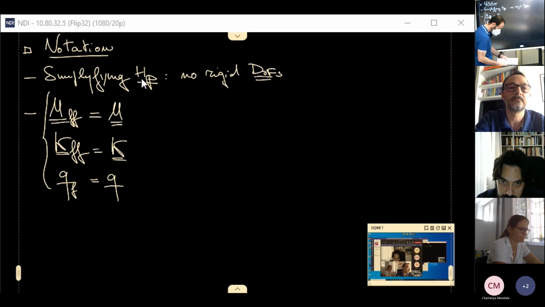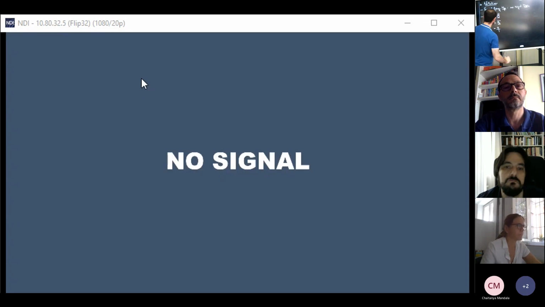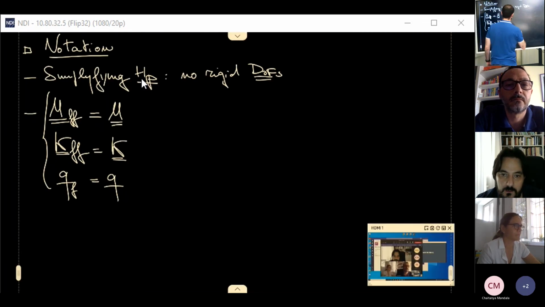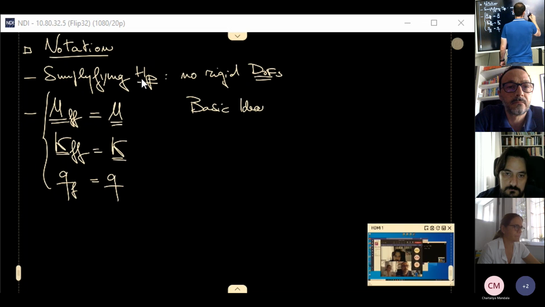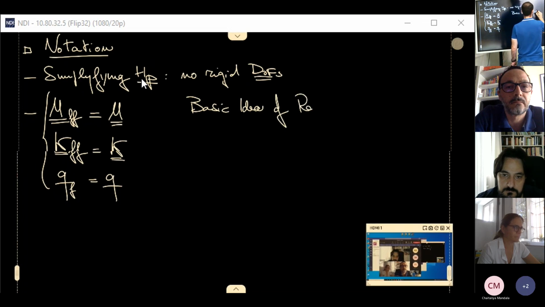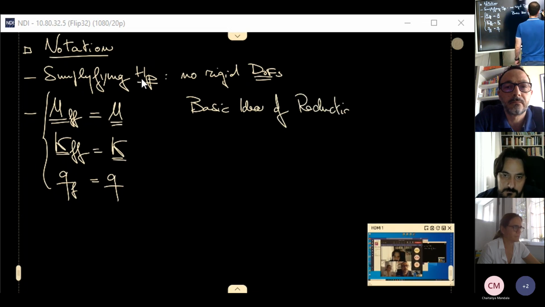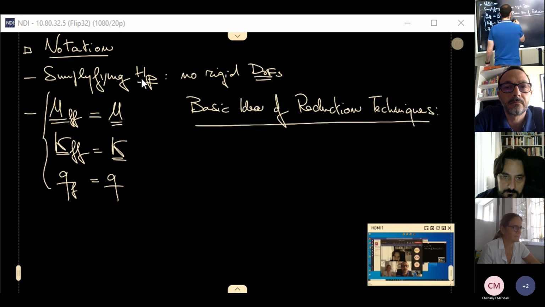All right. Now, again, the basic idea of reduction techniques. What is it? We have a vector of nodal coordinates, which is n times 1 as a dimension, the original.